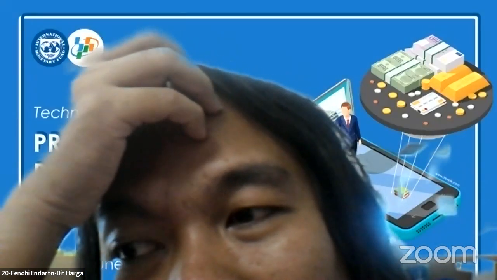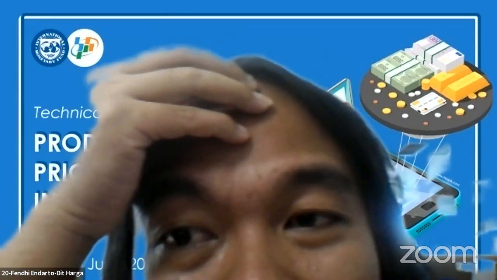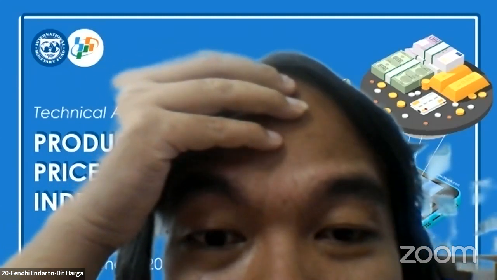How about for something like telecommunications? For telecommunication, we have three biggest providers in Indonesia, especially for the wireless. It's Telkomsel, XL, and Indosat. It's about 84% of the share for national.